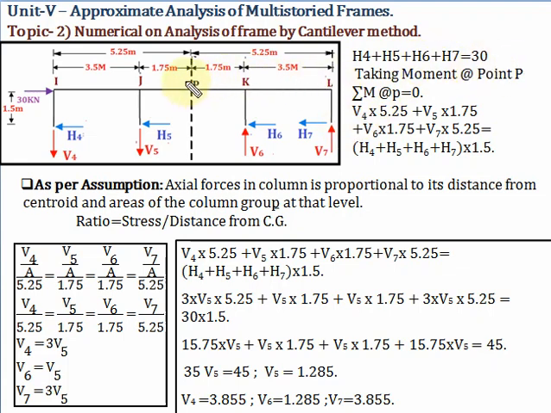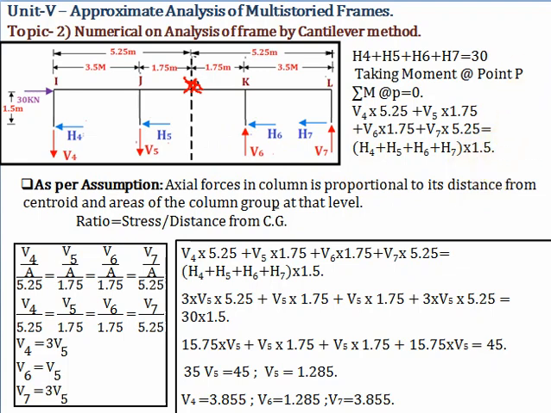Now taking moment about point P, the CG already found in the last slide: V4 into 5.25, then V5 into 1.75, plus V6 into 1.75 and V7 into 5.25. Note that on the left hand side of this CG, V4 and V5 are acting downward, whereas on the right hand side V6 and V7 are acting upward. So always remember that on the left hand side the vertical force is shown downward, and on the right side the vertical force is shown upward.